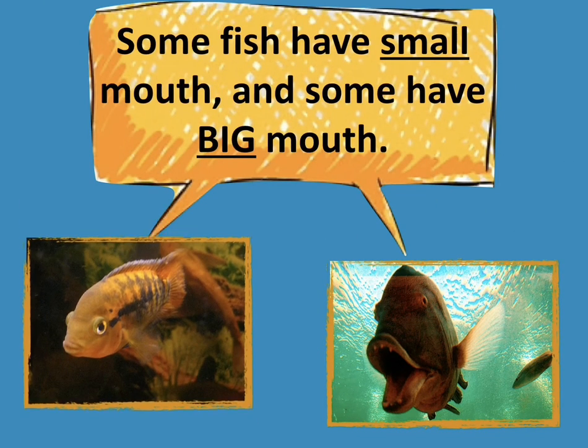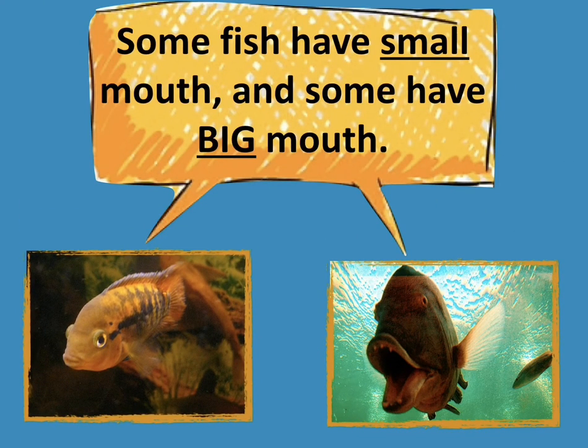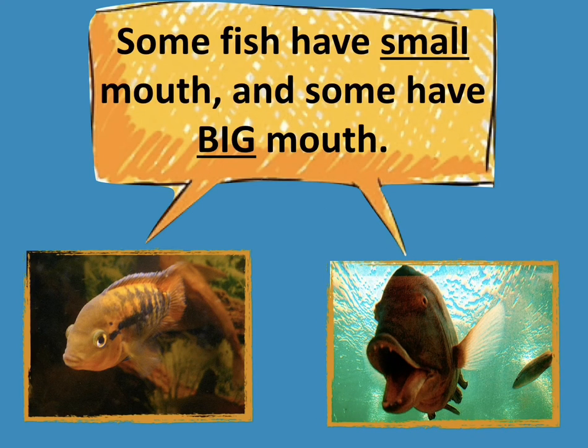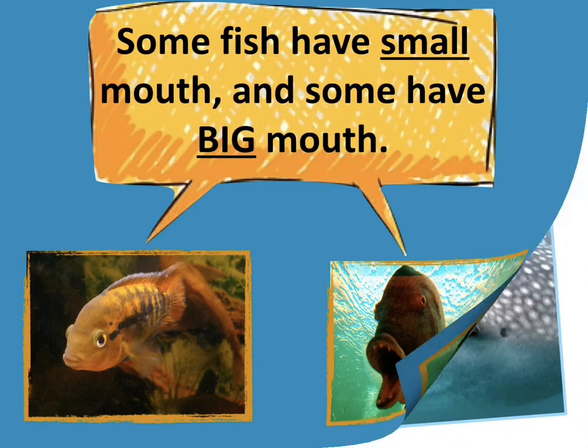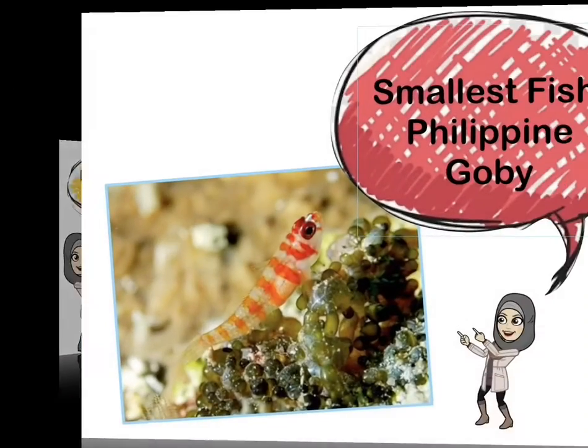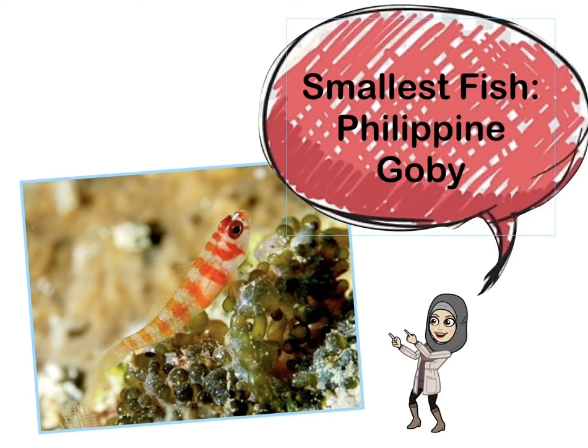Some fish have a small mouth and some fish have a big mouth. Do you know that the largest fish is the great whale shark? And the smallest fish is the Philippine goby.